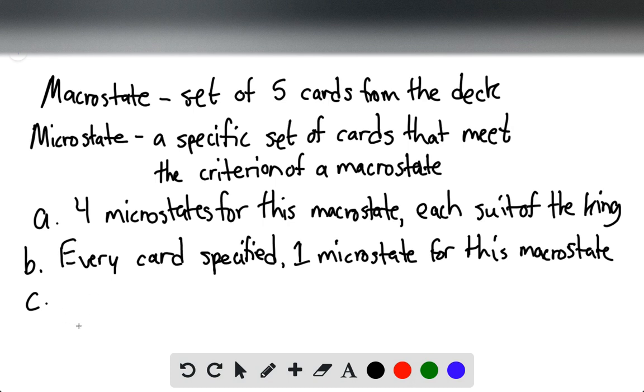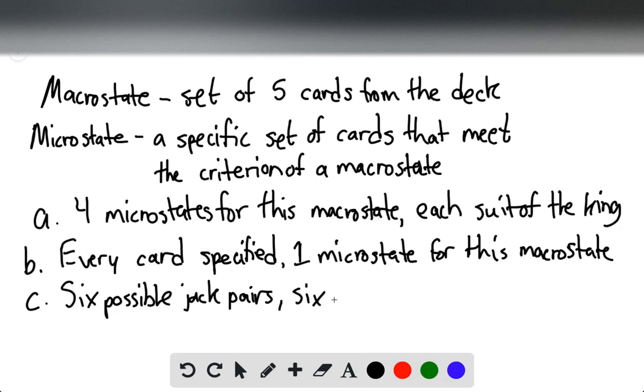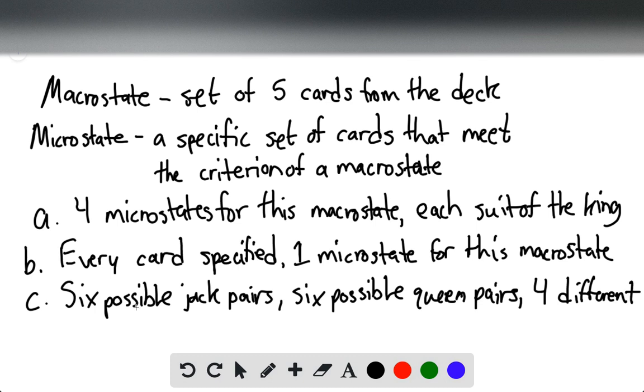C, we have 2 pairs. We have a pair of jacks, a pair of queens, and then an ace. So we could have 6 possible jack pairs, 6 possible queen pairs, and then we have 4 different aces.